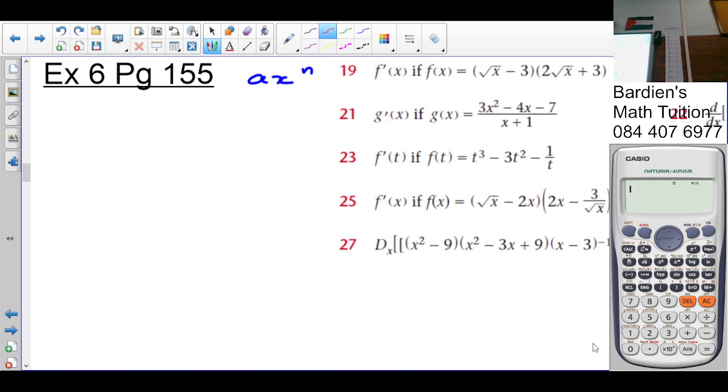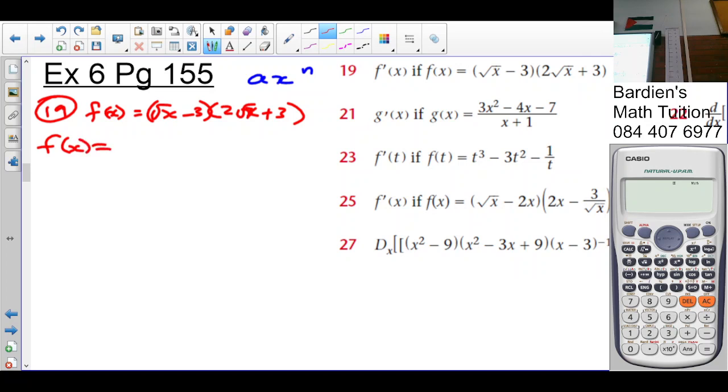Number 19. Number 19, f of x is equal to the square root of x minus 3, times root x plus 3. So that will be f of x equals, get rid of the brackets. So root x times 2 root x is going to give you 2x.